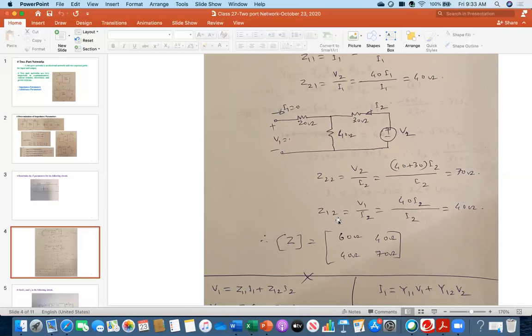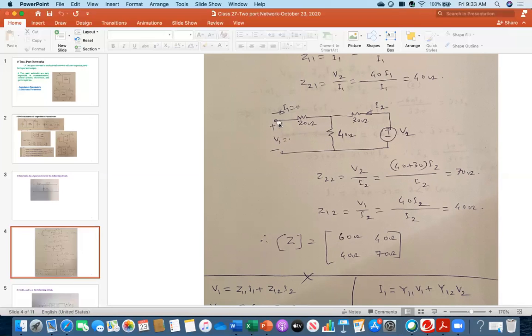Now, what is G12? G12 is V1 over I2. That is my definition. Now I have to get this voltage. What is V1? Again here, no current is flowing through 20 ohm because I1 is 0. So V1 means the voltage across the 40 ohm.